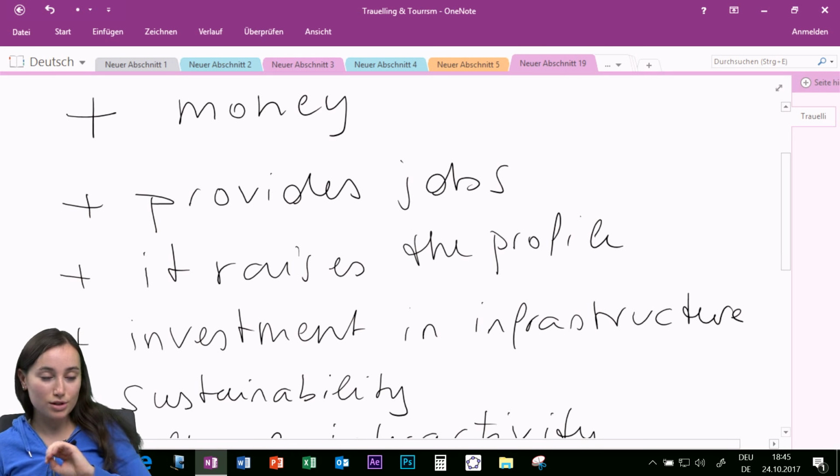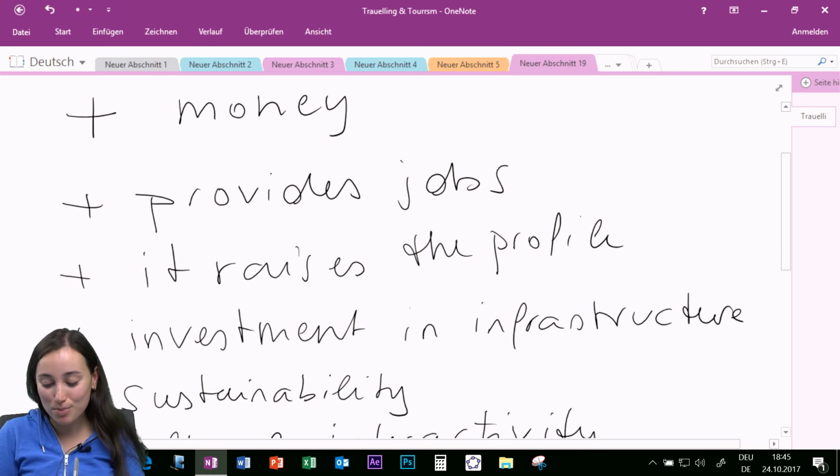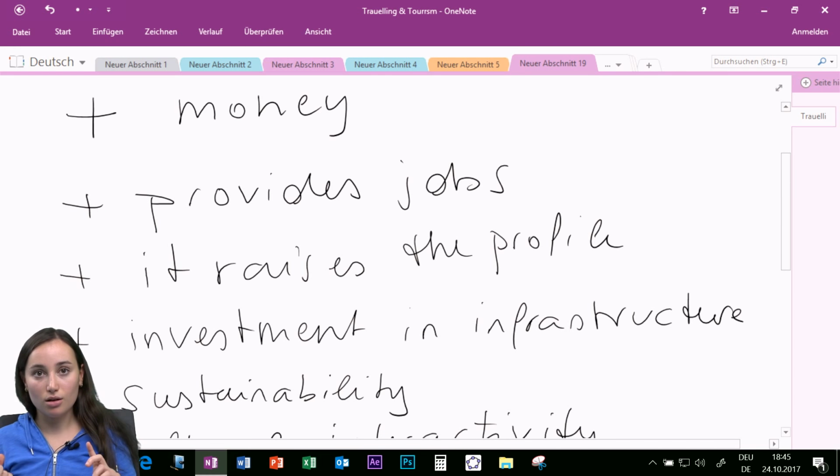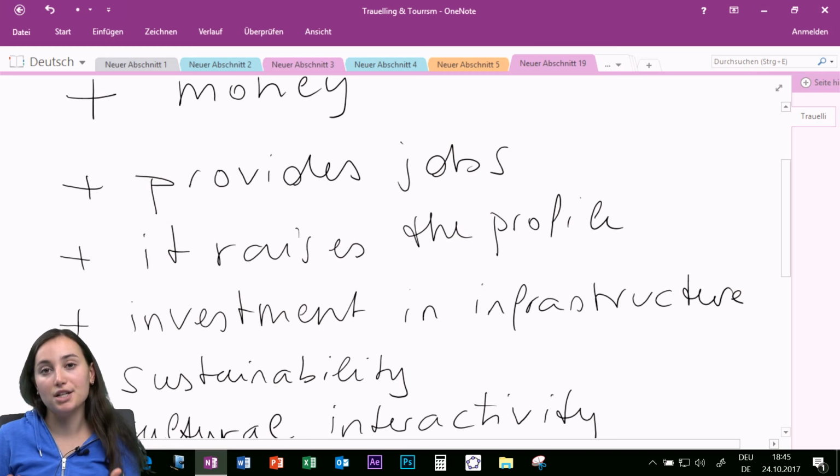So this was another type of signpost. First I made a compare and contrast, and here the second one I made a follow-up idea.